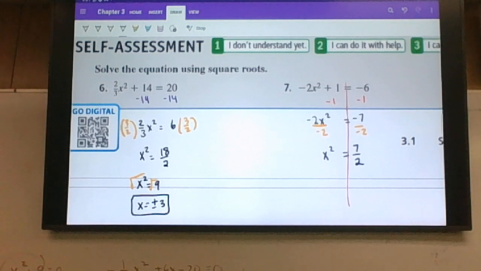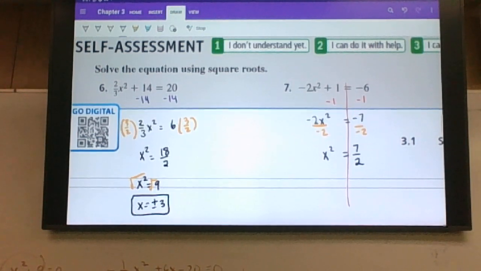This is where I think things get weird. Number 7, I got this fraction.